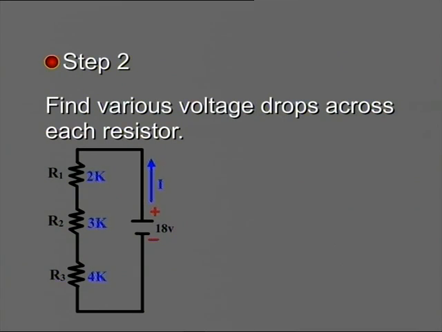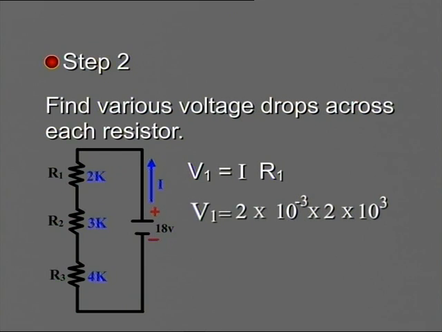Step 2. Find the voltage drop across each resistor. V1 is equal to I R1. V1 is equal to 2 into 10 raised to minus 3 into 2 into 10 raised to 3. V1 is equal to 4 volt.